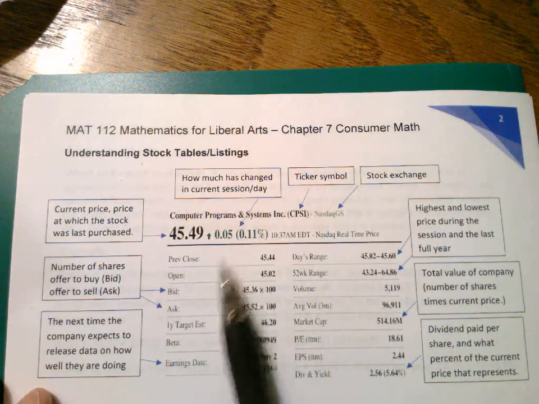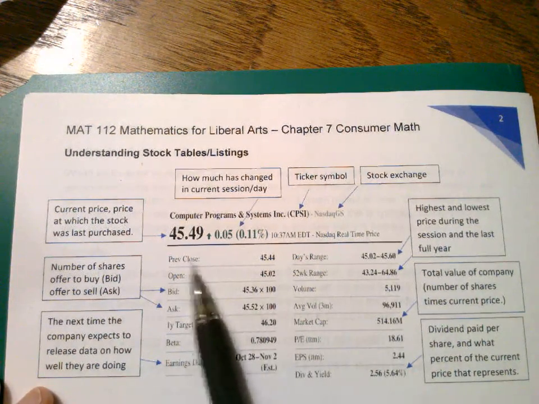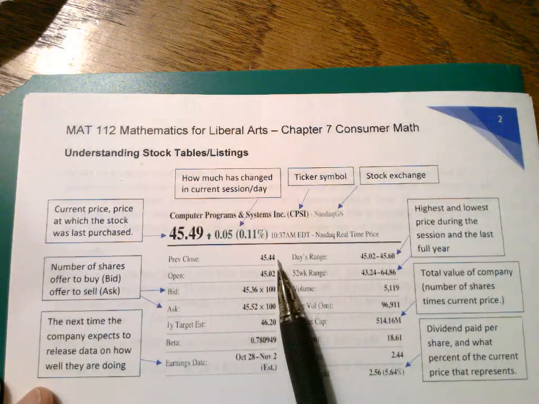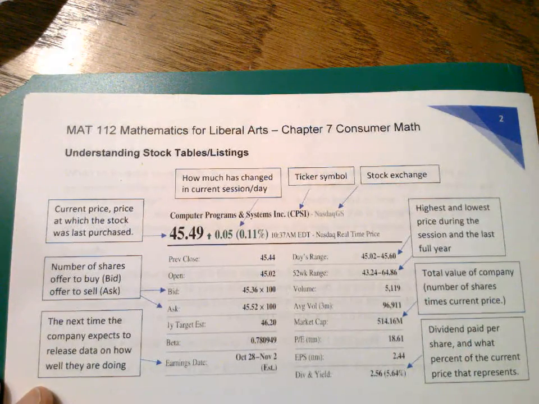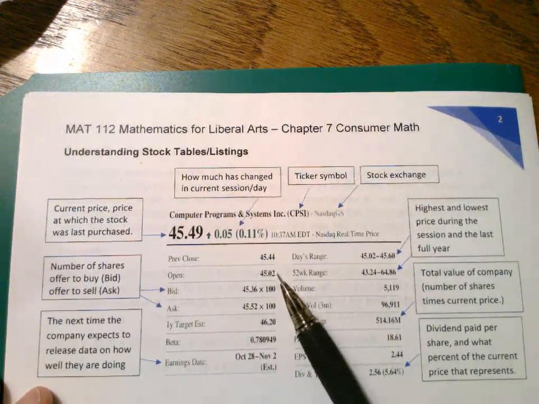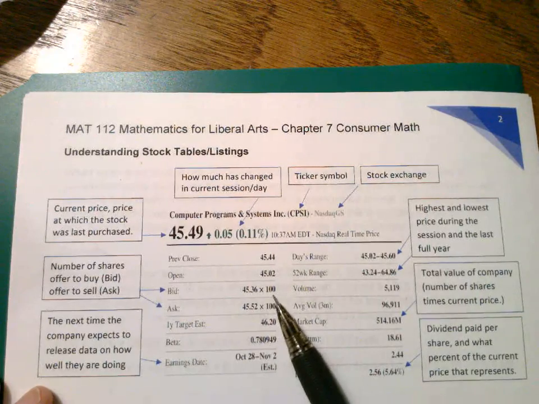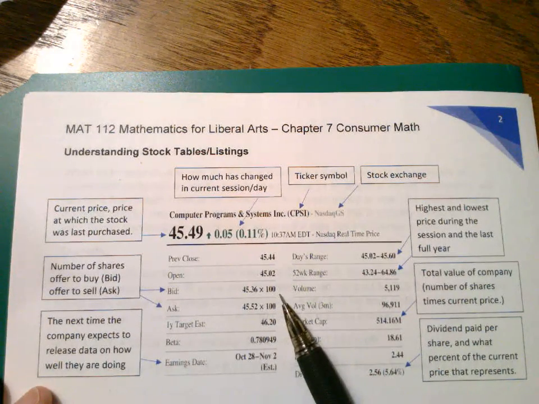Okay. And then here's some background. Yesterday it closed at that. Today it opened at this. There's a difference. Remember, the current price is who just paid for that price. So that's what somebody bought it at when it opened. And number of shares offered to bid, offered to sell.